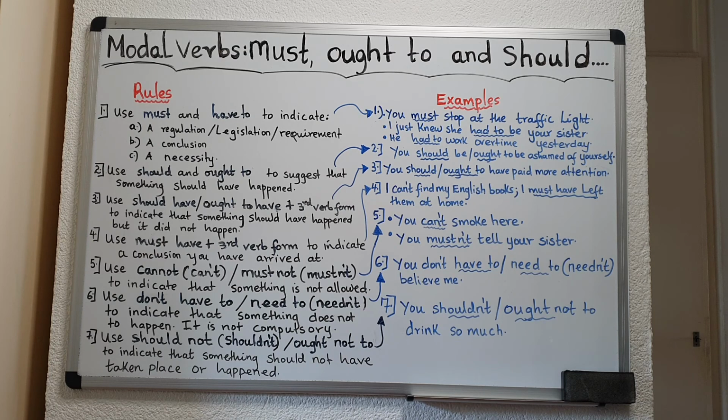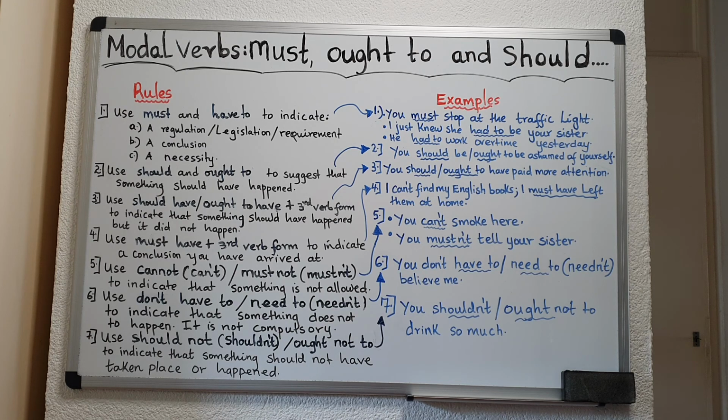If you want to suggest that something should have happened, then use should and ought to. If you want to suggest that something should have happened, but it did not happen, then use should have or ought to have plus the third verb form.